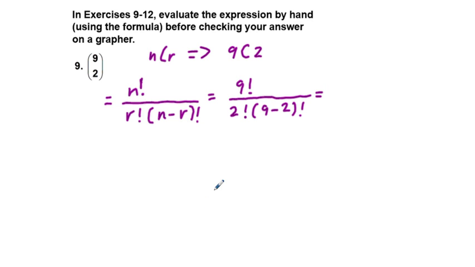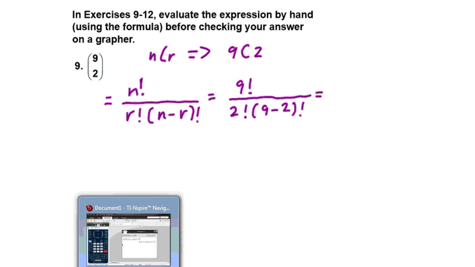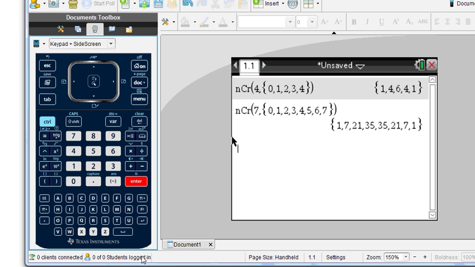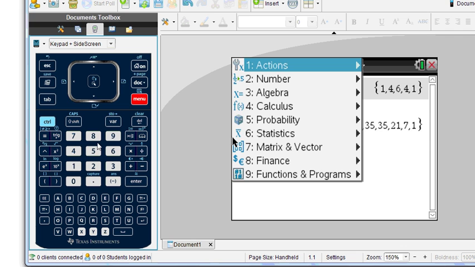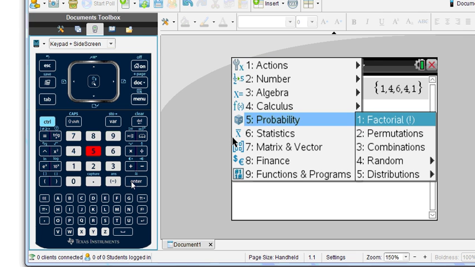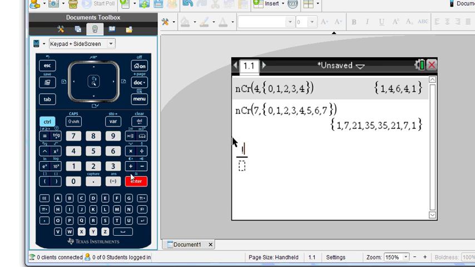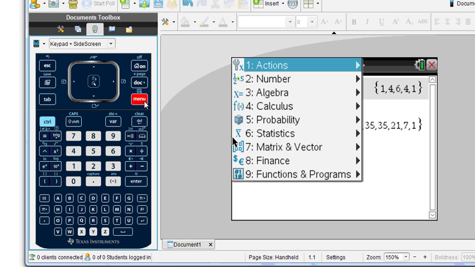And so we're going to go on our calculator. Basically, this is going to be using our calculator 2 different ways to find, we hope, the same thing. To use the formula, I'm going to get a division thing here, and go to menu, probability, and choice 1 is factorial. That's not what I want. I want to put in 9 first, then get the factorial.